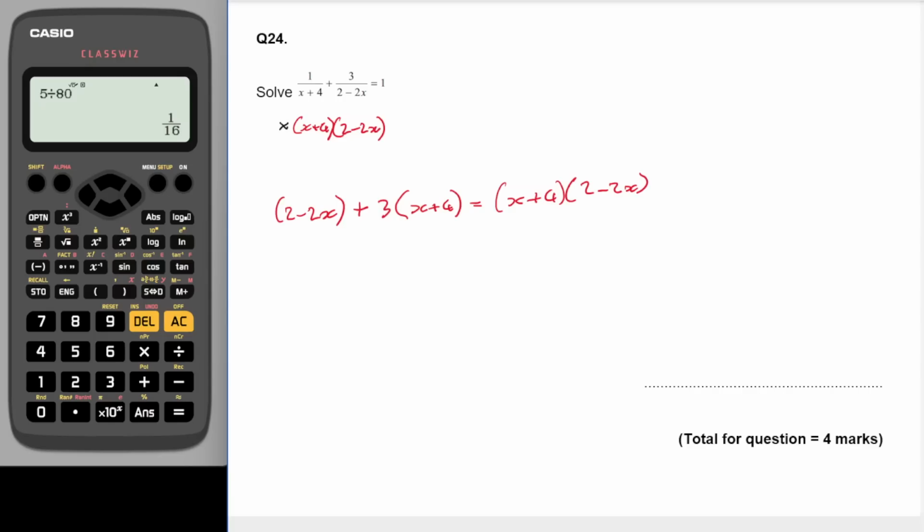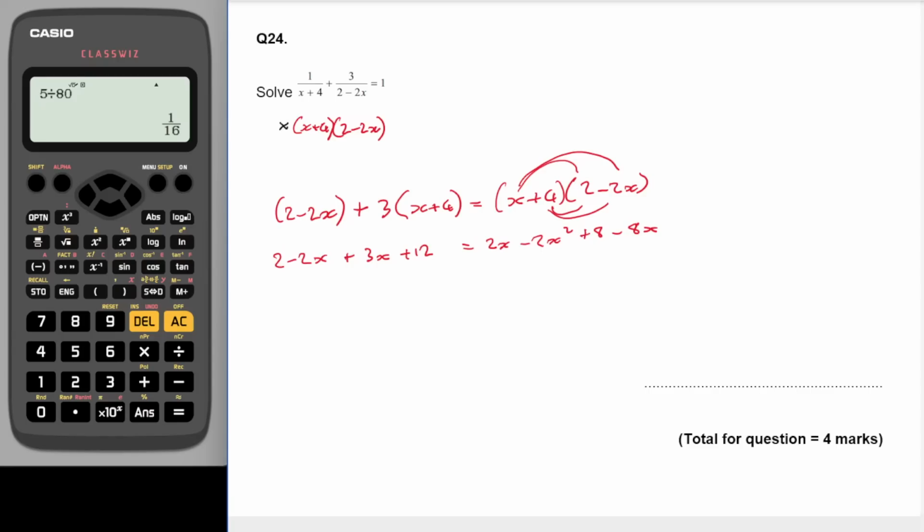Right, if we multiply both pairs of brackets then, that would give me 2 minus 2x plus 3x plus 12, and that would be equal to 2x minus 2x squared plus 8 minus 8x.